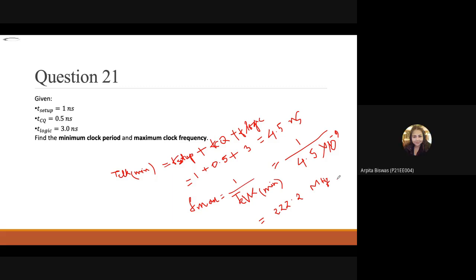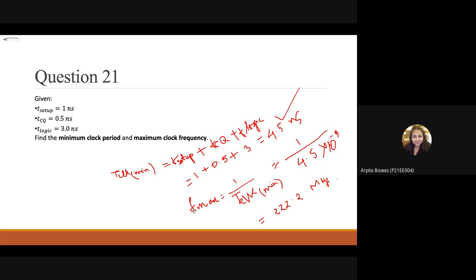Okay, so let's discuss this question. How to find this minimum clock period? If T setup is given, and then TCQ and T logic are given, you have to add all these to calculate TCLK minimum. So it is 4.5 nanoseconds.